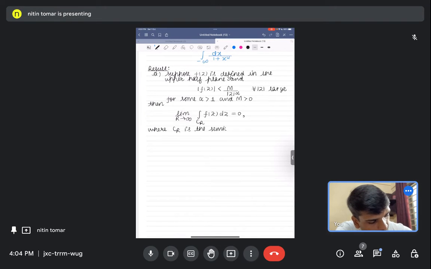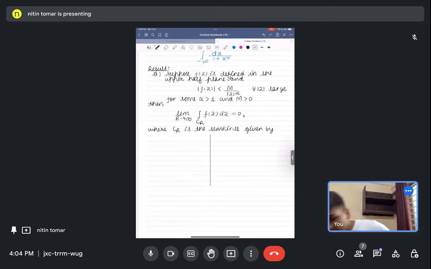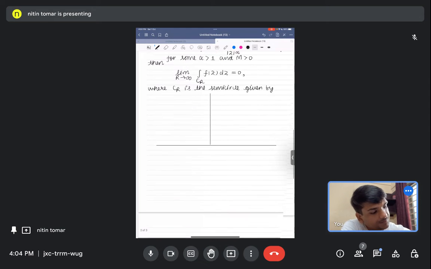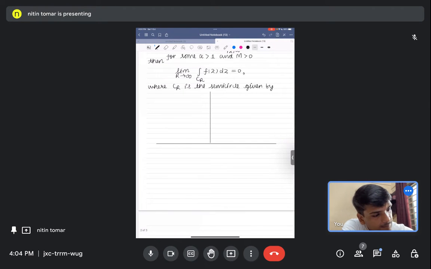I'm drawing it now. If this is your imaginary axis and this is your real axis, let's say this is the semicircle.